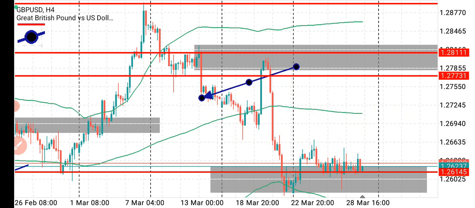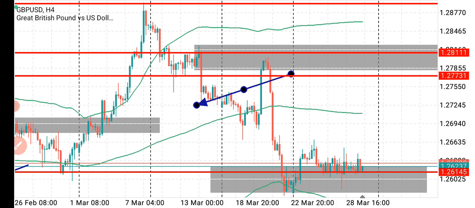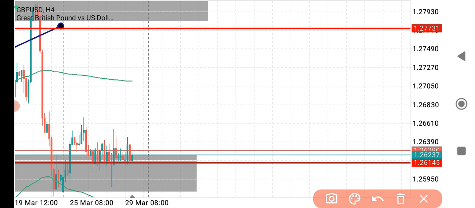So whenever price is at a resistance zone, we are looking forward to a sell. Okay, let me illustrate that on this side.